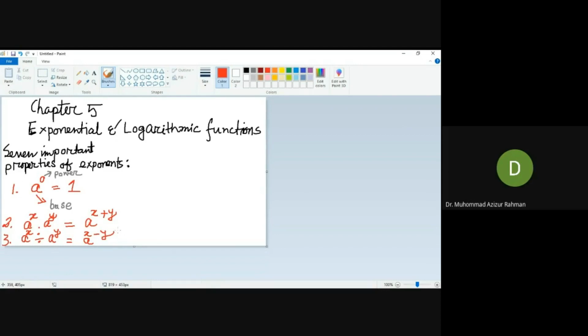Then there are some other properties also. For example, number 4.